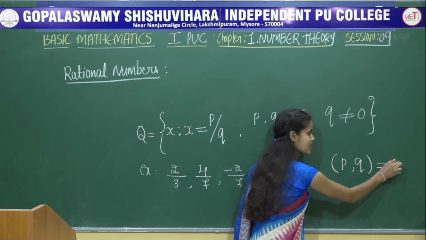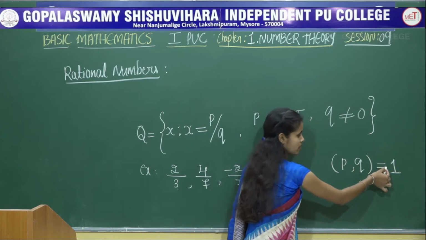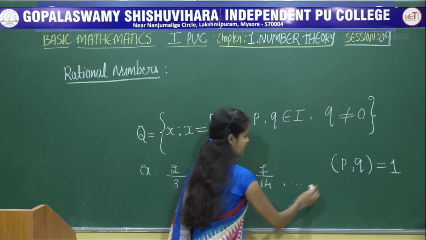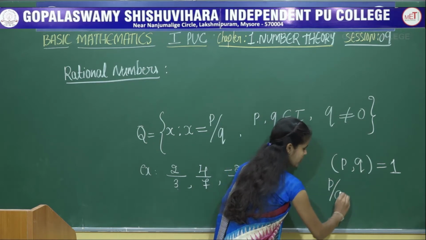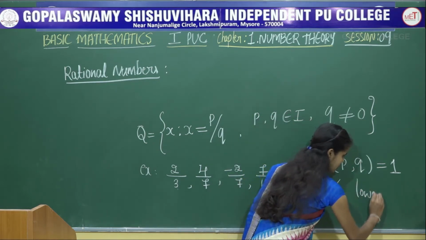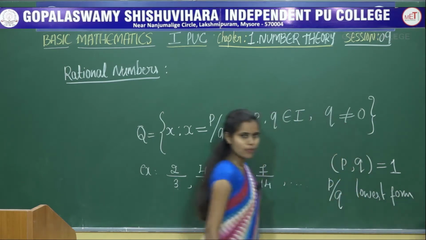If P and Q have greatest common divisor 1, then we call P by Q is in the lowest form.